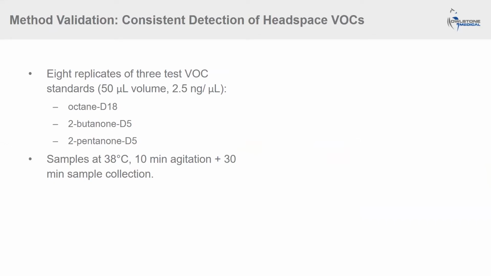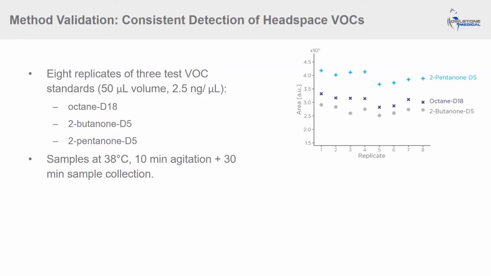We used 50 microliters of sample with 3 compounds in PBS, and we sampled for 30 minutes at 38 degrees, and then we looked at our results. This is what you can see in the figure on the right, where you see the areas of those 3 compounds. An area here can be considered as the amount of the compound in the measured sample.